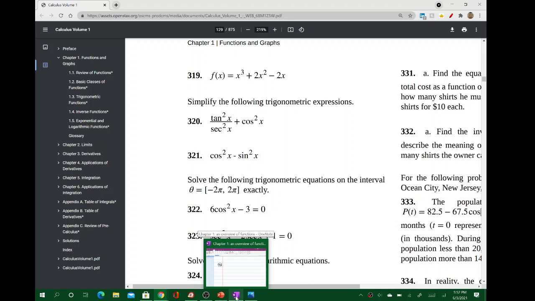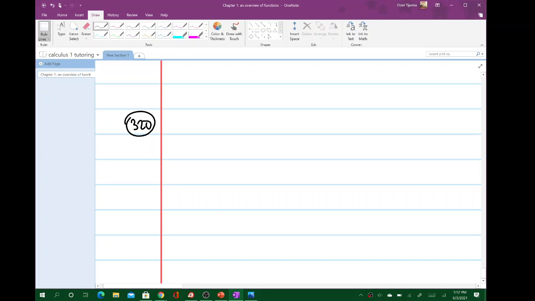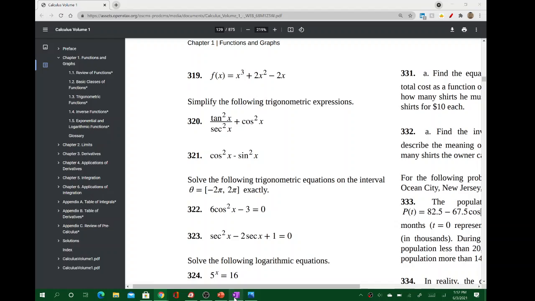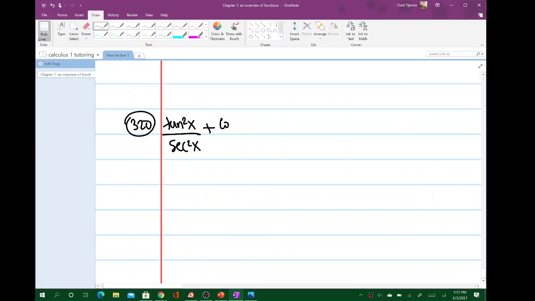It's tan squared x over secant squared x, plus cosine squared x, okay? Now, the way we're going to do this, we can do the following, okay?